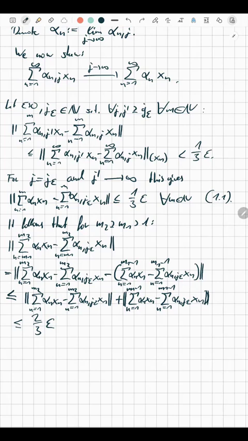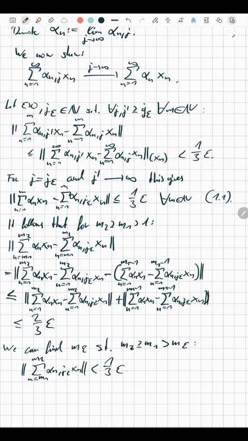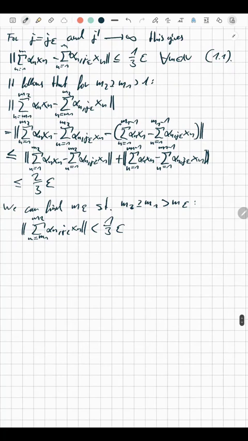All right. And additionally, we can find an m epsilon such that for m2 greater than m1 greater than m epsilon, we have that this is less than 1/3 of epsilon, and then we can finally put this all together.